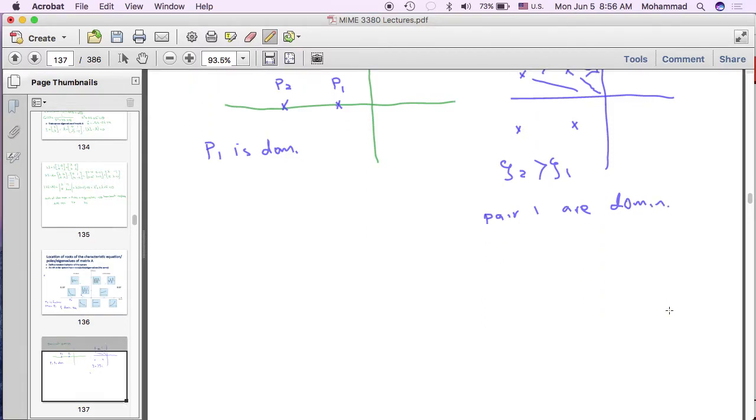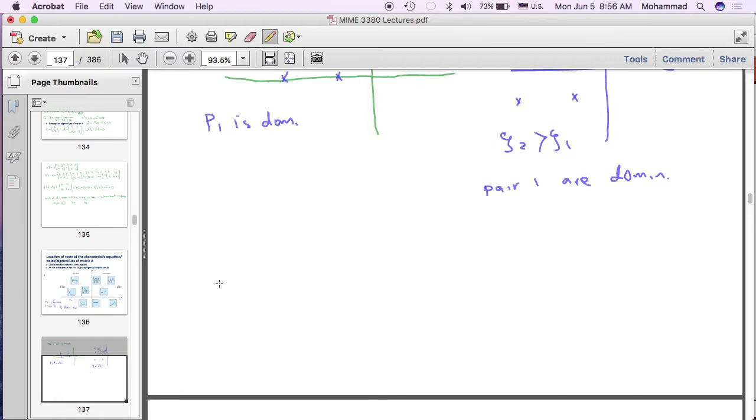Another example here. One pair here, another pair there. Again, these two collectively we call pair 1, and these two we collectively call pair 2. Which one would be the dominant pair?